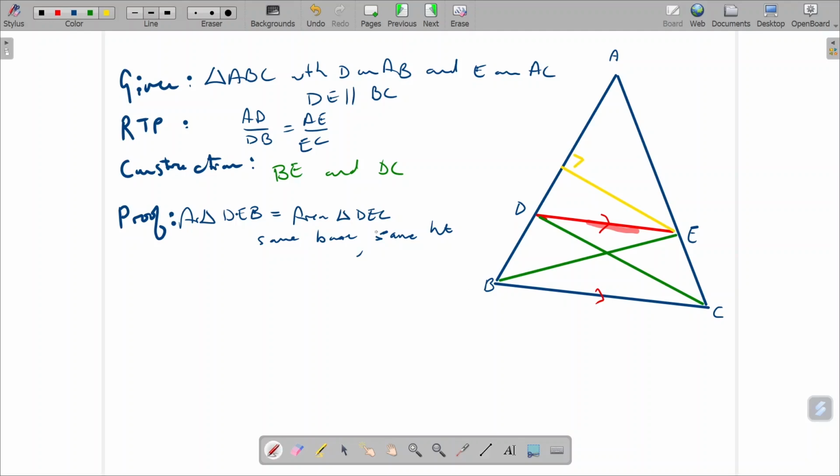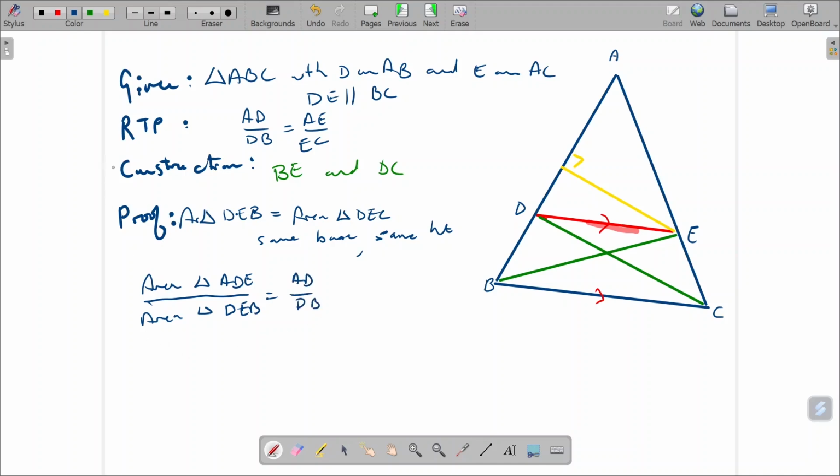We can see that using the same ideas from the previous slide, the area of triangle ADE over the area of triangle DEB is equal to AD over DB.